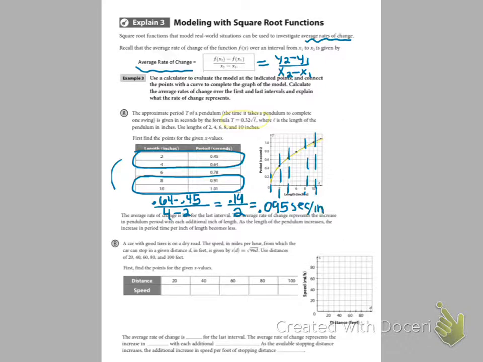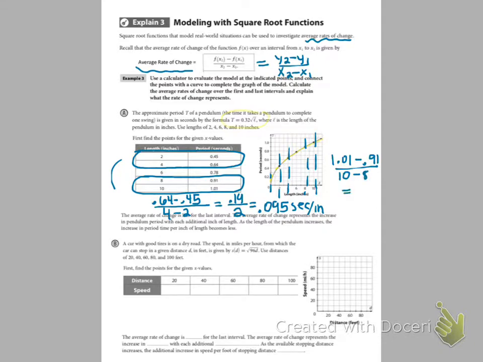Now if we do the rate of change over that other interval, we're going to be using these coordinates. The y coordinate of the second point is 1.01, and the y coordinate of the first point is 0.91. The x coordinate of the second point is 10, and the x coordinate of the first point is 8.